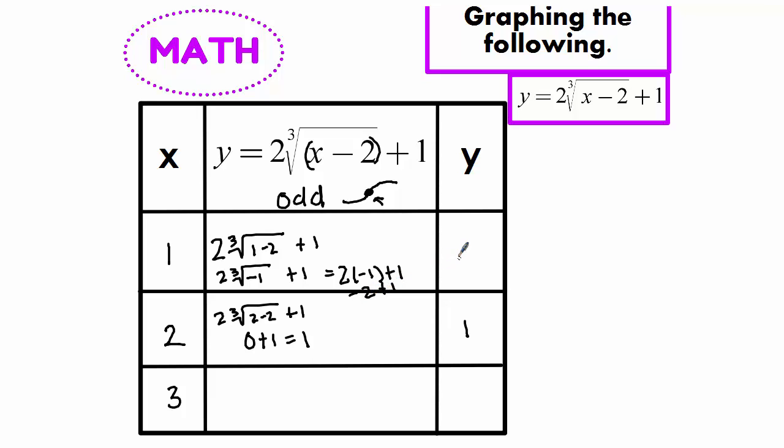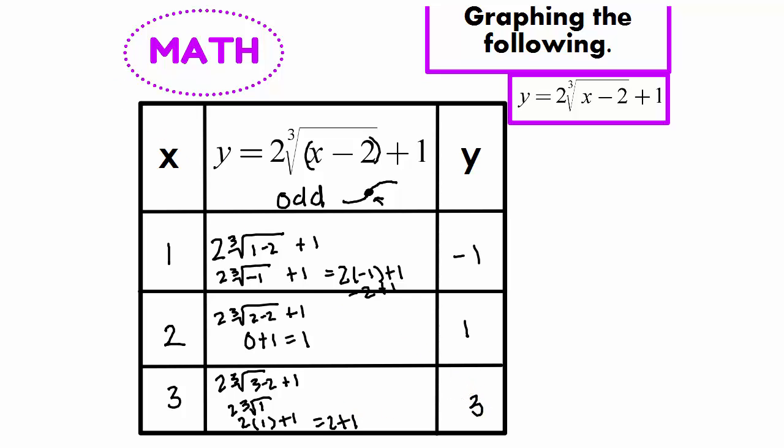Negative 2 plus 1 is negative 1. Then I plug in 3. So it's 2 times the cube root of 3 minus 2 plus 1. 3 minus 2 is 1. The cube root of 1 is 1. Pull that 2 through. 2 times 1 is 2, and 2 plus 1 is 3.